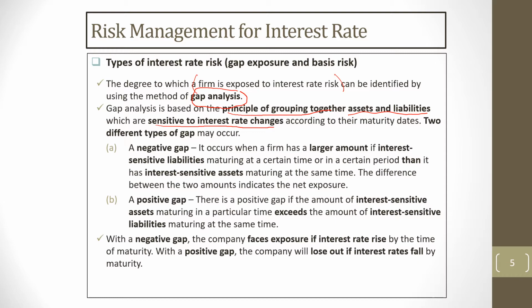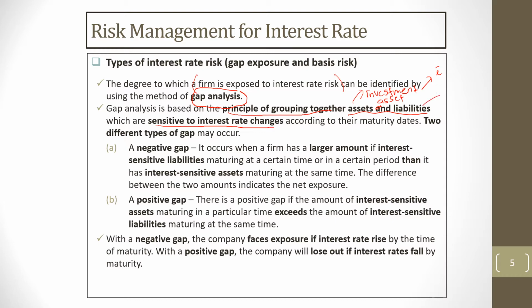Okay, so what are assets and liabilities? It means that in gap analysis, we look at the assets and liabilities that are sensitive to interest rate changes. For example, an asset is when we buy an investment asset. When we buy an investment asset, it involves interest rates. So that is what we call our asset.